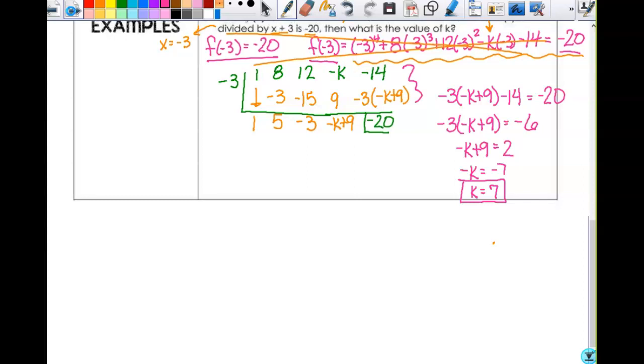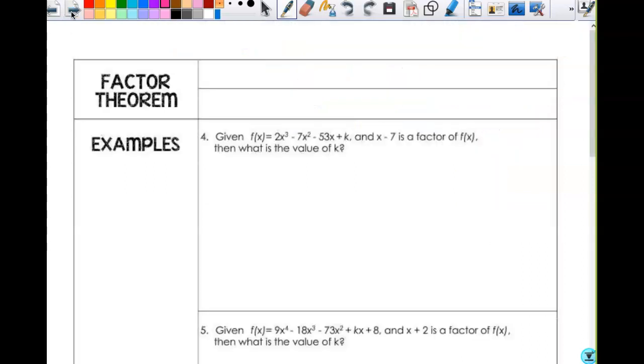So now, that was the remainder theorem. We're going to talk about the factor theorem as soon as my page turns. There we go.